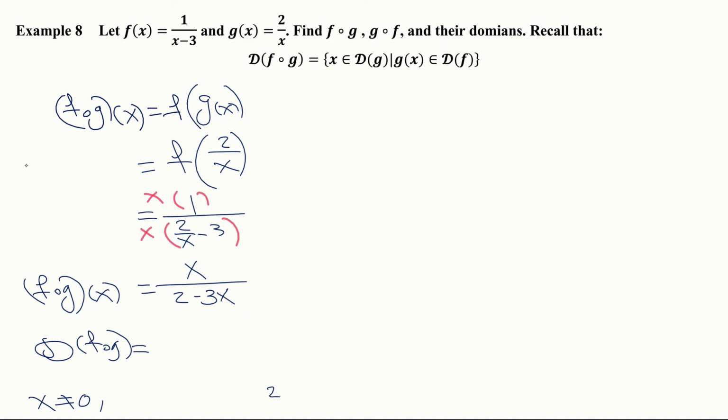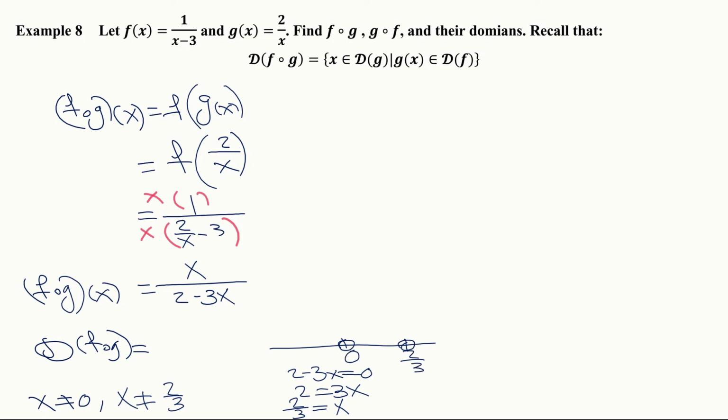So 2 minus 3x equals 0. If we solve that, we get 2 equals 3x. So x equals 2/3. All right. So basically, you want all real numbers except those two numbers, right? If you take a look at the number line, basically, you want these two numbers, 0 and 2/3, removed.